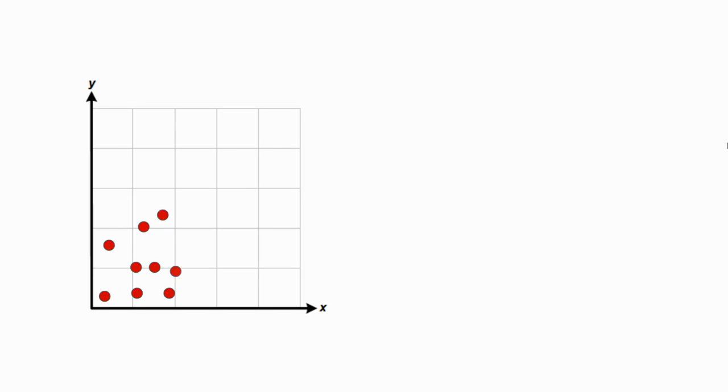So let's say maybe we have another graph with some points on it. Now you see how these are kind of spread out a little more? They're not as close together as they were in the first one. However, I could still find the equation of a line that fits the data best. See how it's not covering most of the points, but it's going through the center of our data.